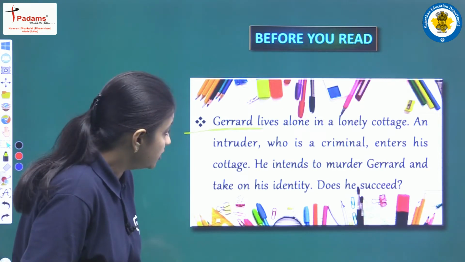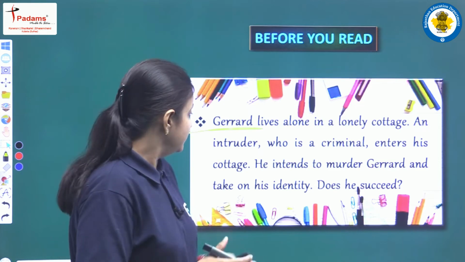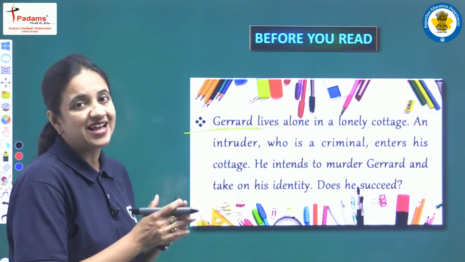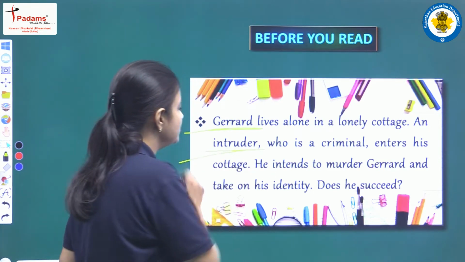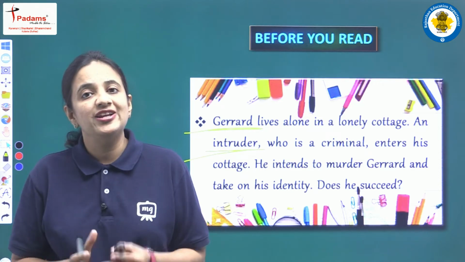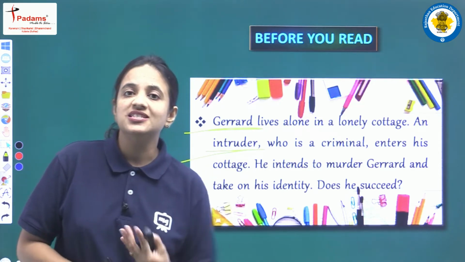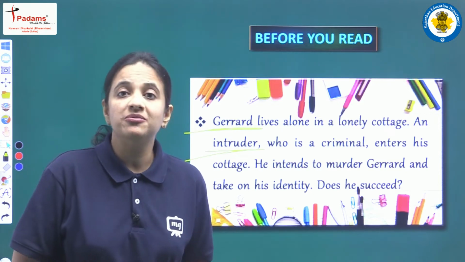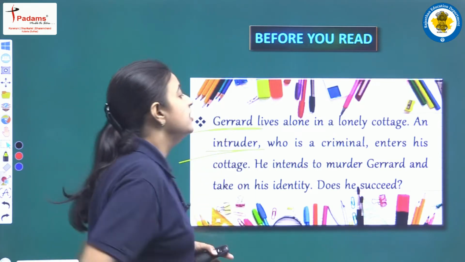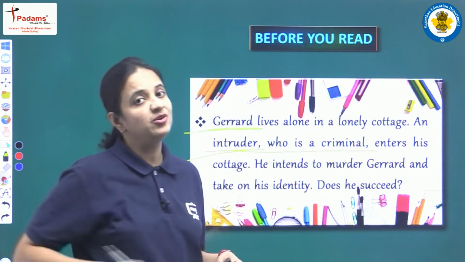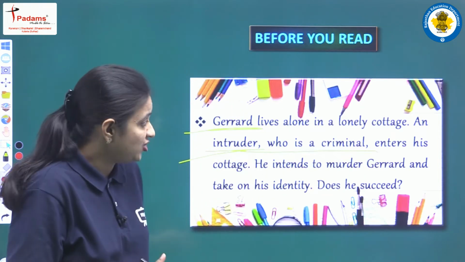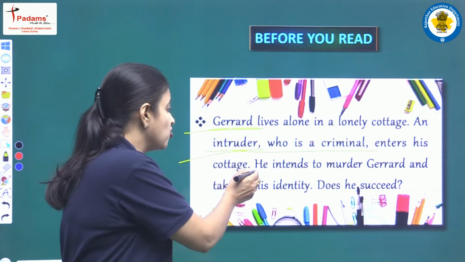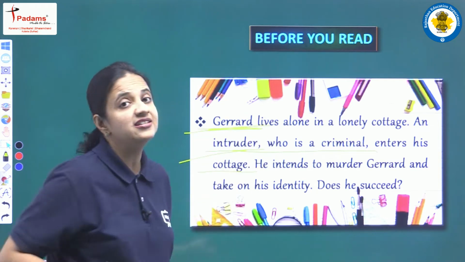An intruder who is a criminal enters his cottage. So this is our second character, an intruder. What does intruder mean? An intruder is a person who enters others' home without any permission, okay? Obviously he is a criminal because he does not have any good intentions, and he enters into Gerald's cottage.